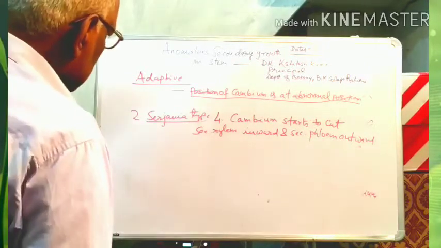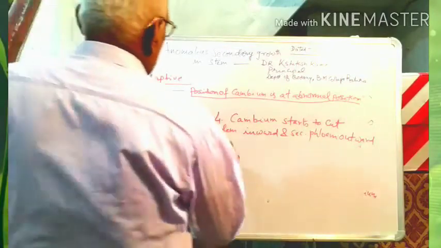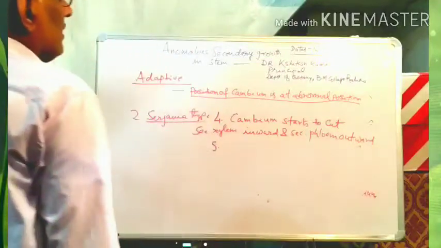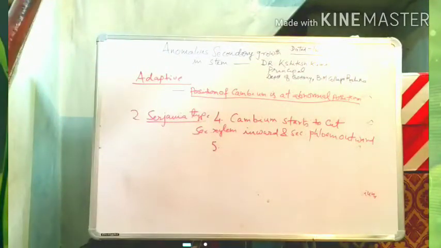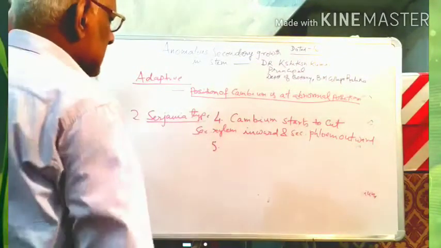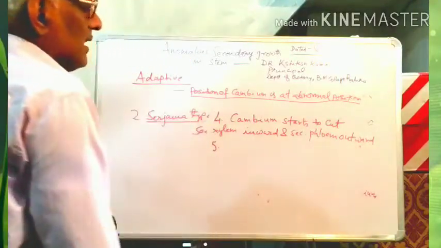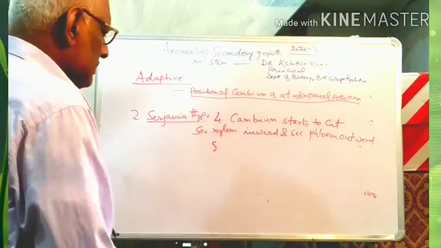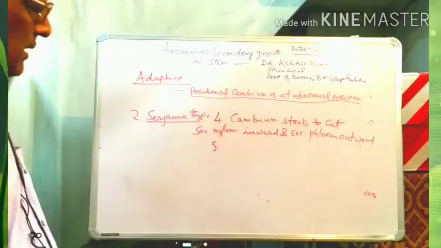The result is that, as there are many cambium rings, each forms its own stele, and secondary tissues are formed in each of the circular cambium rings which are formed later on.